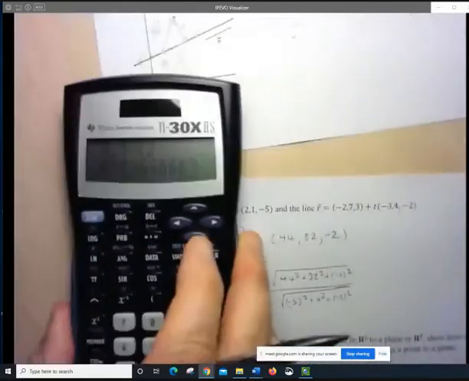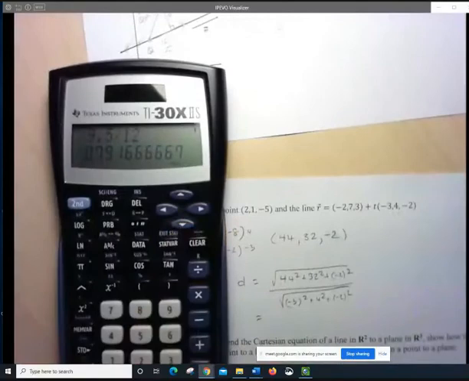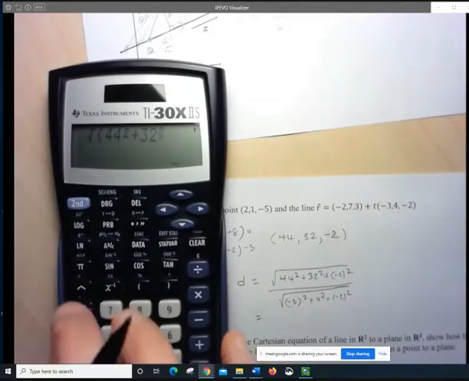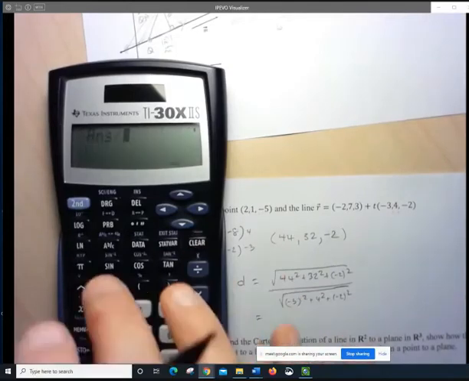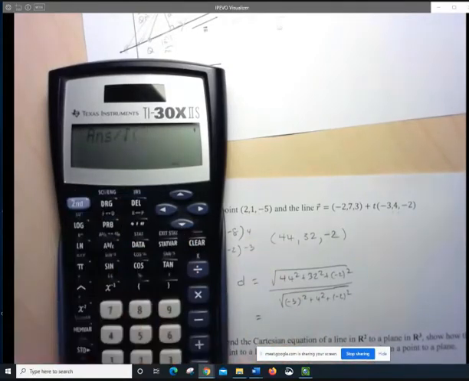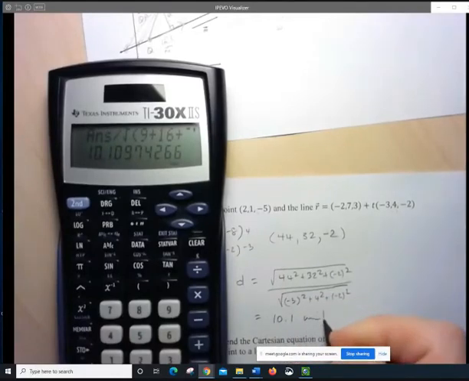So we have the square root of 44 squared plus 32 squared plus 2 squared, divided by the square root of 9 plus 16 plus 4. And that looks to be about 10.1 units.